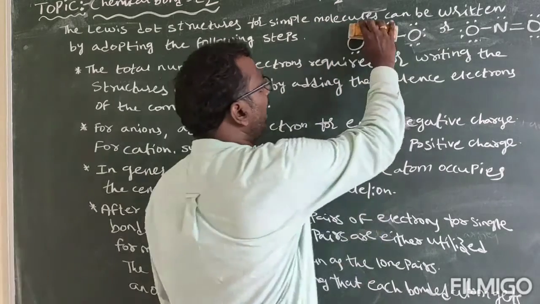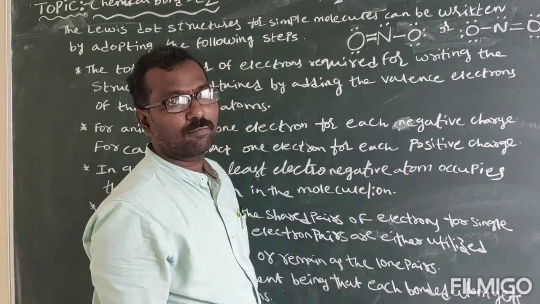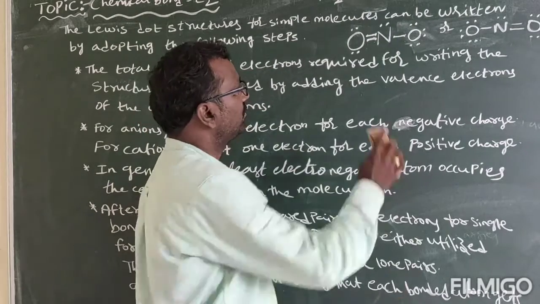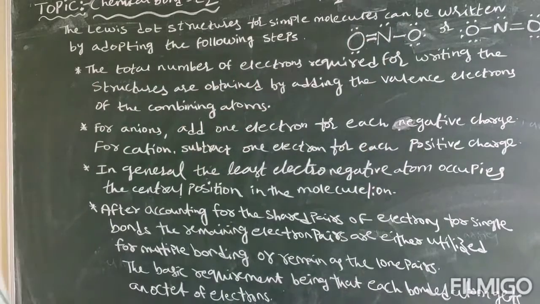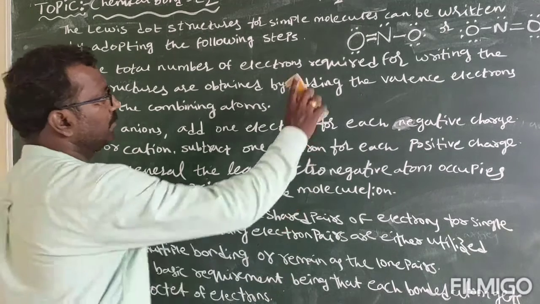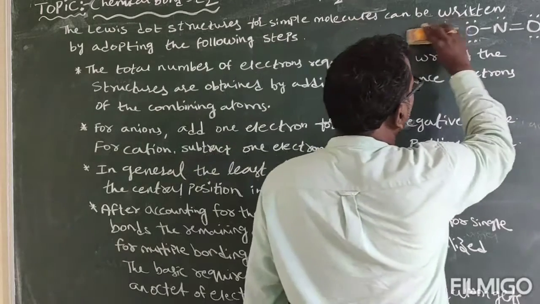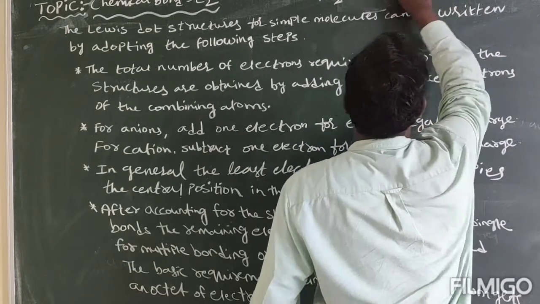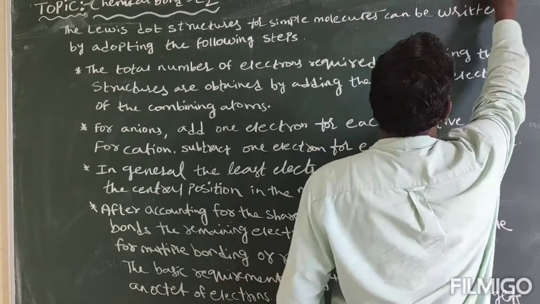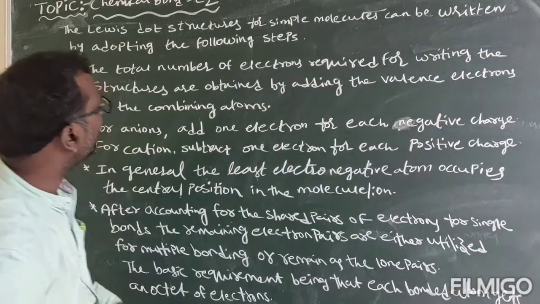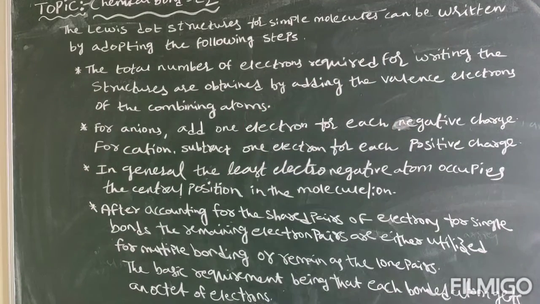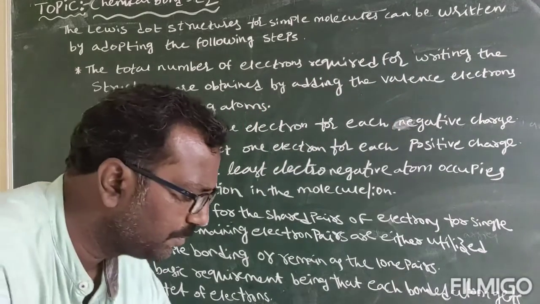Okay, if you have any doubt, you can ask me on WhatsApp. So this is all about Lewis dot structure for simple molecules, how you can draw Lewis dot structure for the simple molecules. So first of all, you note down the points of this all.